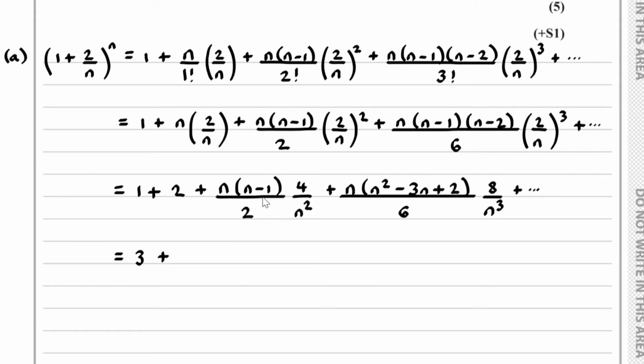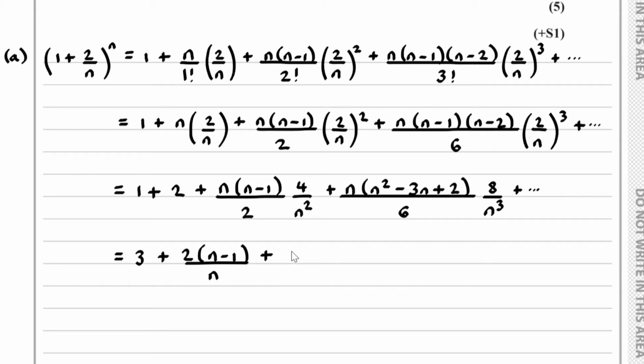That's going to give 1 over n, and the 4 over the 2 gives 2, so we end up with 2 multiplied by n minus 1 divided by n, and then here n divided by n cubed is 1 over n squared. 8 over 6 is 4 over 3.